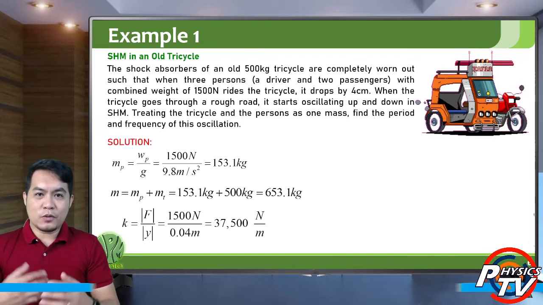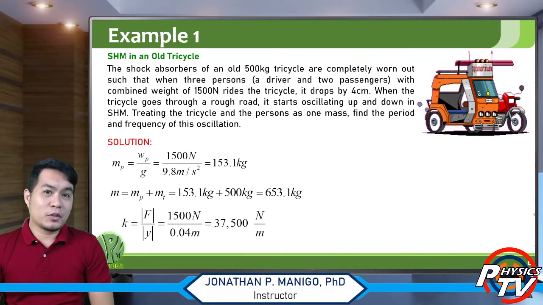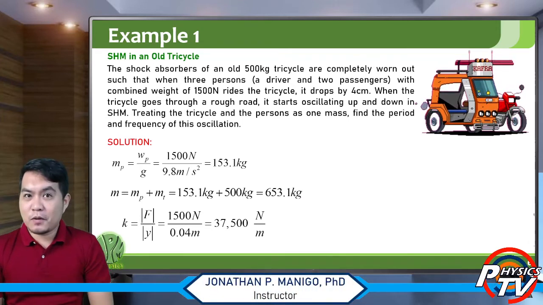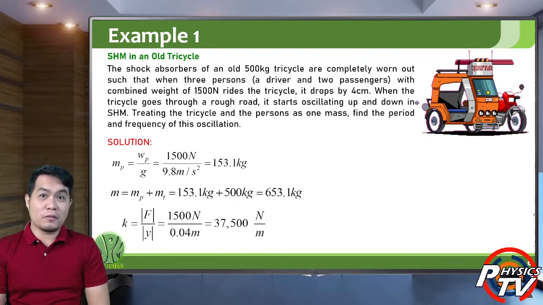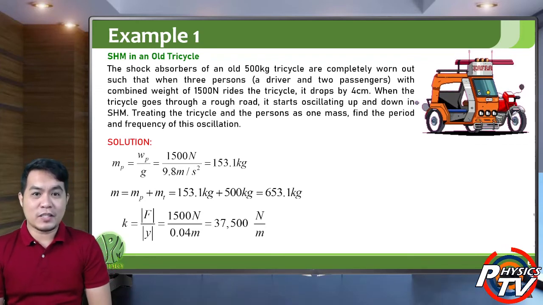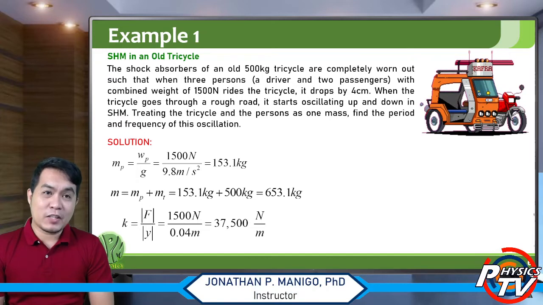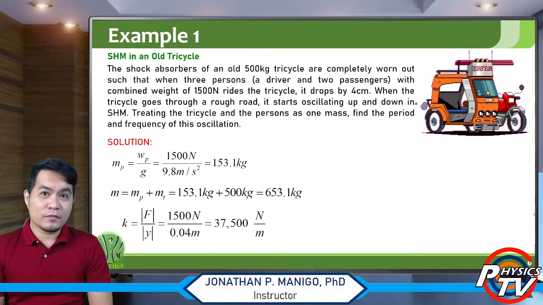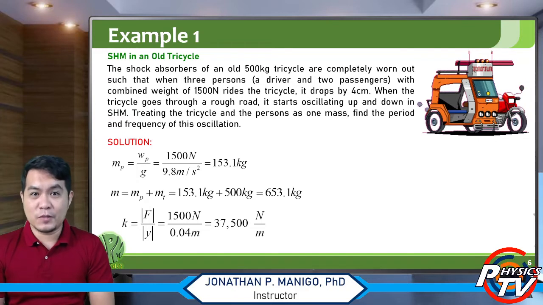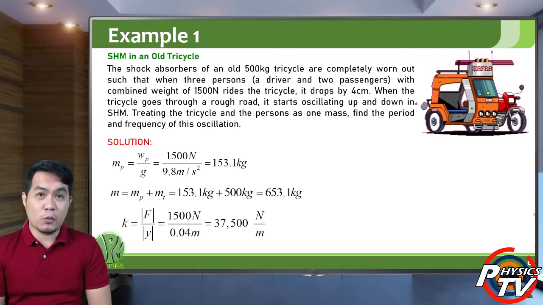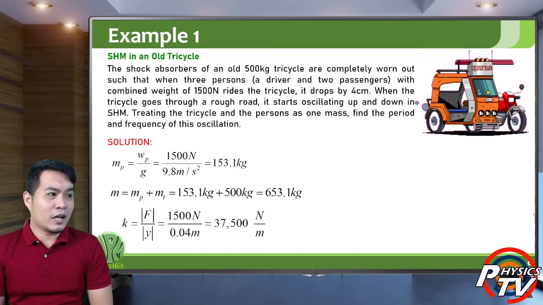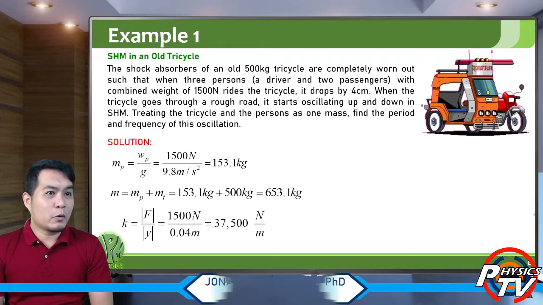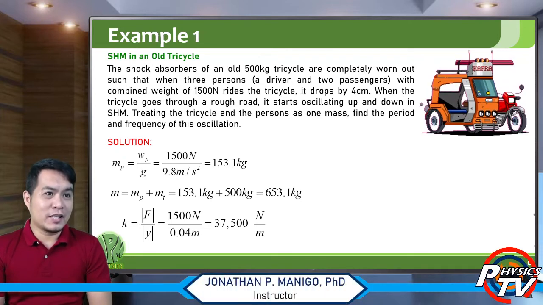So we now solve for k. Take note, in our formulas, in order to solve for the frequency and the period, we need to solve for the force constant. And the force constant is just given by the ratio of the restoring force and the displacement. In this case, our restoring force is just equivalent to the weight, by virtue of Newton's third law of motion, the weight of the passengers.